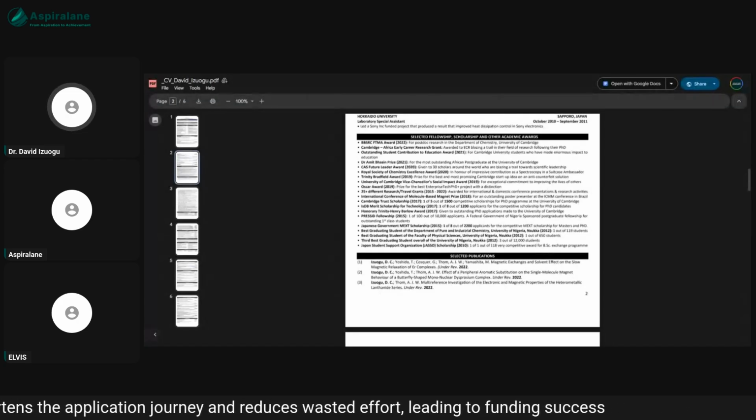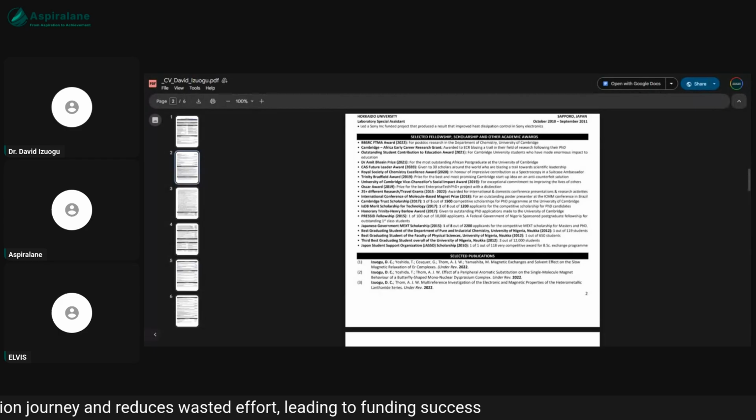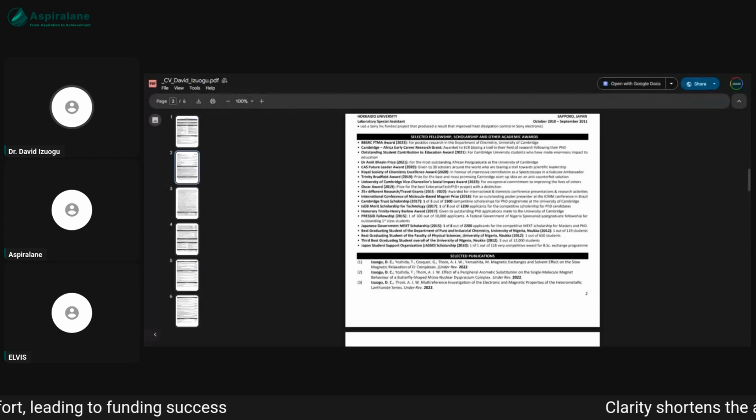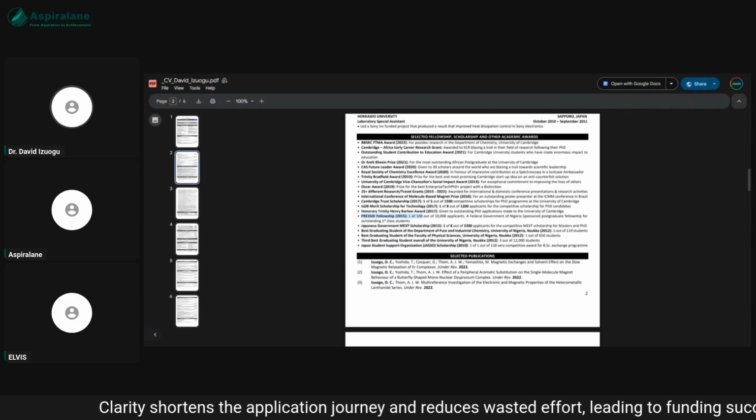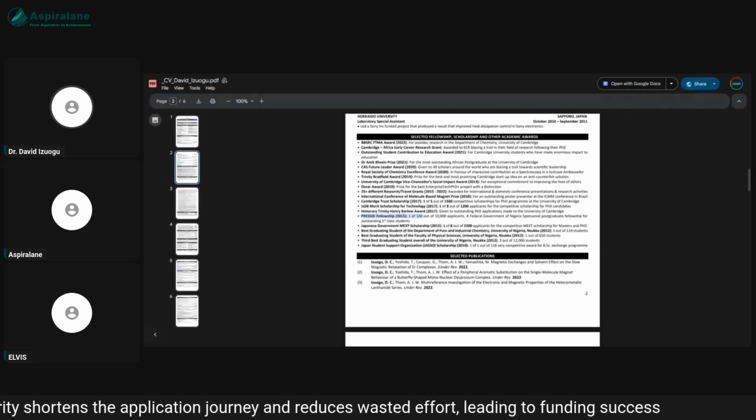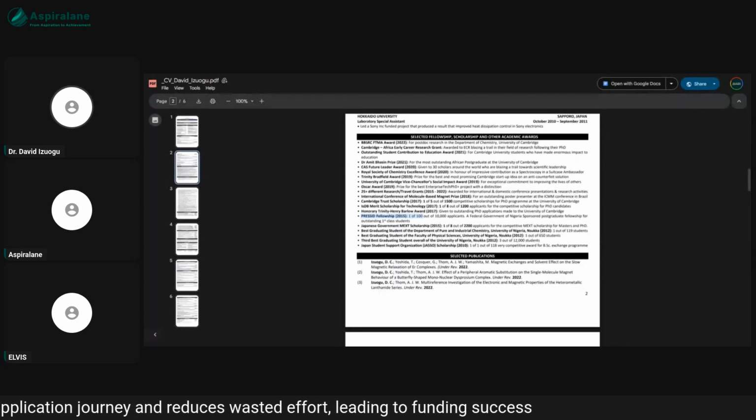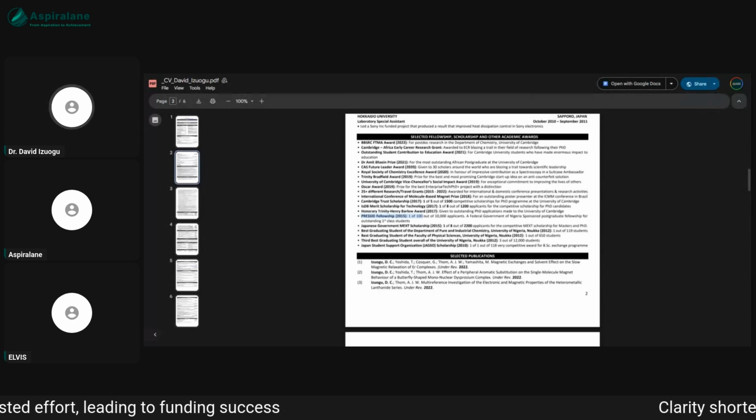So these are the things we mean when we talk about you being able to sell yourself, you being able to quantify the things that you are doing. Look at the Presidential Fellowship: 1 out of 100 out of 10,000 applicants, a federal government of Nigeria sponsored postgraduate fellowship for outstanding first-class students.